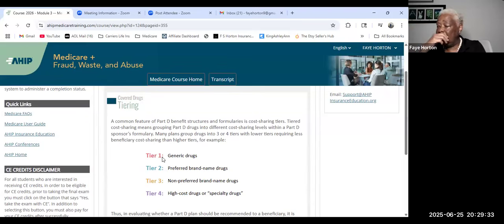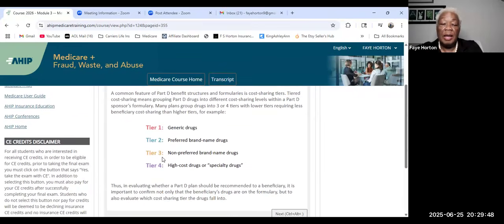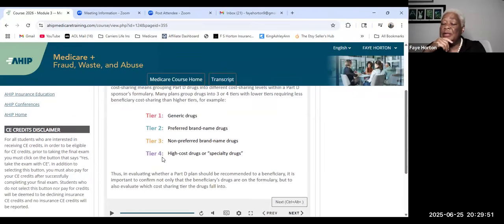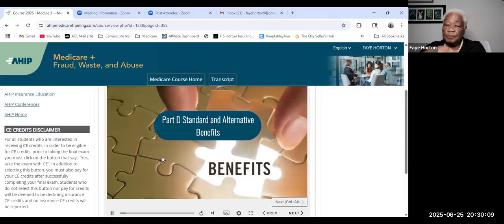For example, tier 1 might be generic drugs, tier 2 would be maybe preferred brand name drugs, tier 3 non-preferred brand name drugs, tier 4 high cost drugs or specialty drugs. In evaluating whether a Part D plan should be recommended to a beneficiary, it is important to confirm not only that the beneficiary's drugs are on the formulary, but to also evaluate which cost-sharing tier the drug falls into.